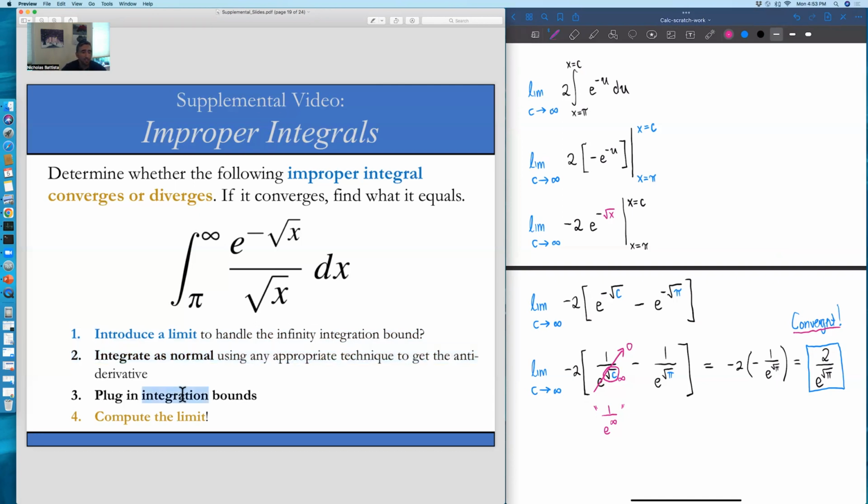Once we have the antiderivative, we plug in the integration bounds. Again, that limit is still sitting out in front. And the last thing we do is compute the limit at the very end of the problem. And if this limit is a finite number, the improper integral is convergent. If it's a plus or minus infinity, the improper integral is divergent.